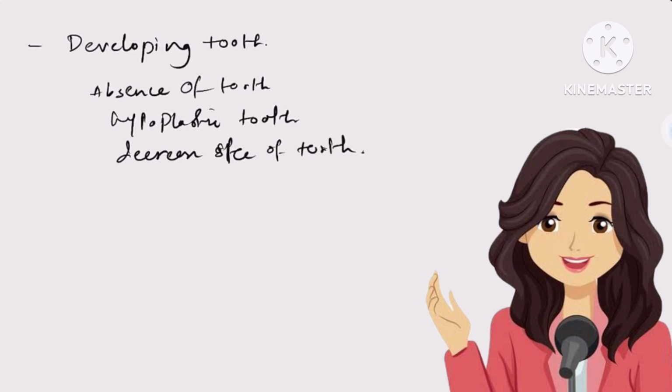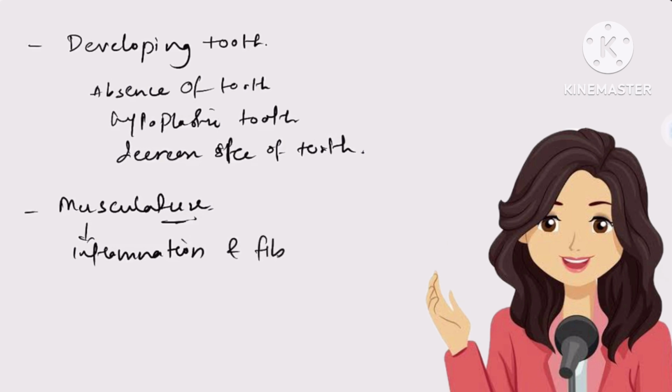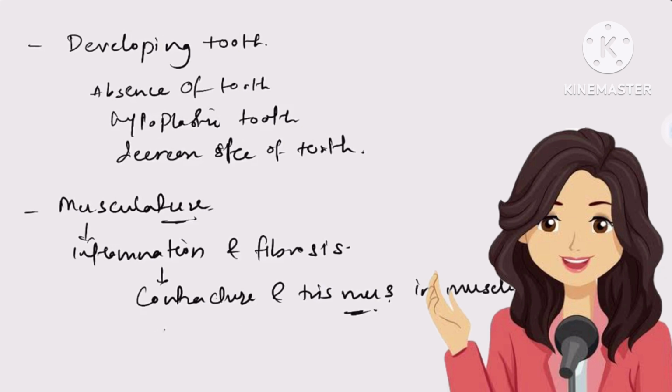All right. The effect of radiation on musculature, muscles. Okay. So radiation may cause inflammation and fibrosis, resulting in contracture and trismus in muscles of mastication.